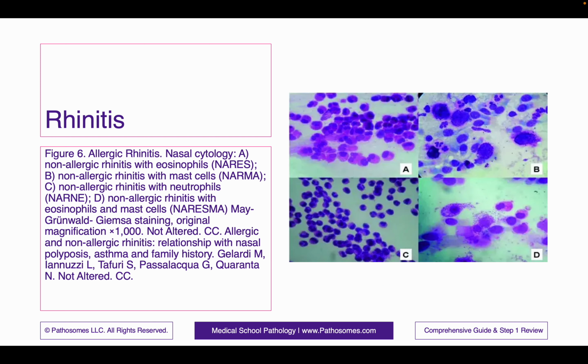And in regards to allergic rhinitis, not all the time, but sometimes, just for curiosity's sake, you can have a component due to increased eosinophils. You can have a component that has increased mast cells, others where neutrophils are actually predominant, and others where there's a mix between the cells, such as eosinophils and mast cells.